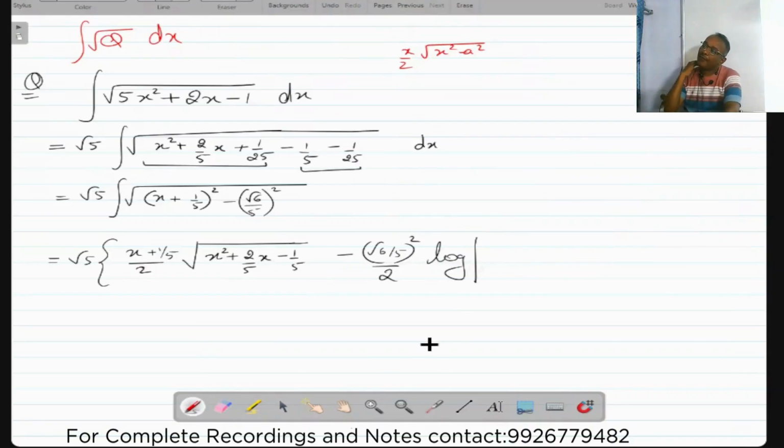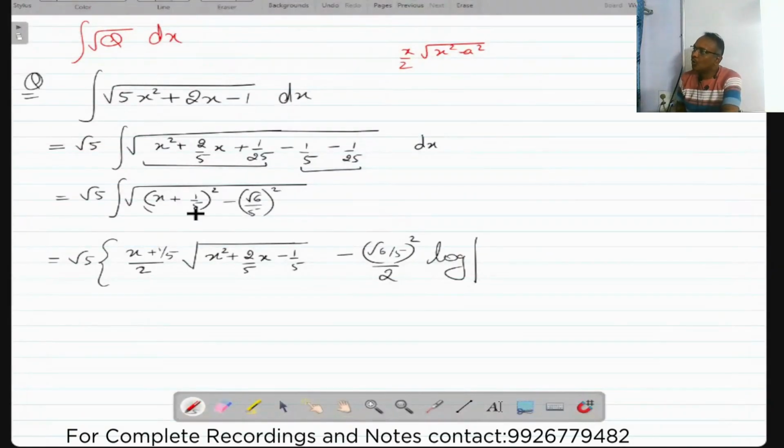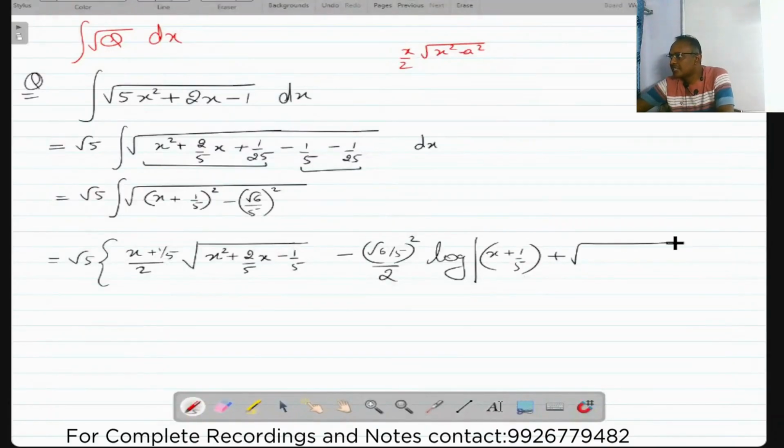Log of x plus root of x square minus a square. So x plus 1 by 5 plus root over x square plus 2 by 5x minus 1 by 5. That's the answer.